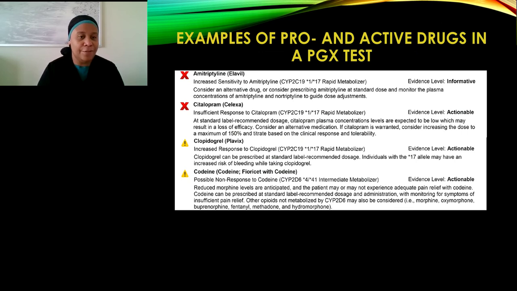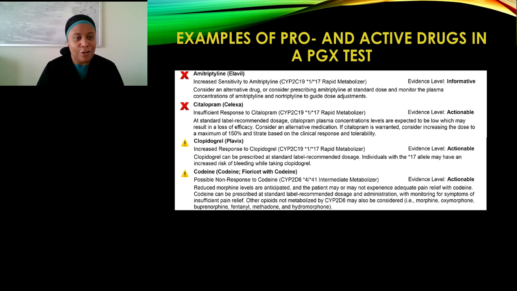Here's an example of those results. Where it says amitriptyline, the patient is a rapid metabolizer for amitriptyline. It shows that the patient has increased sensitivity. Consider an alternative drug for this patient.